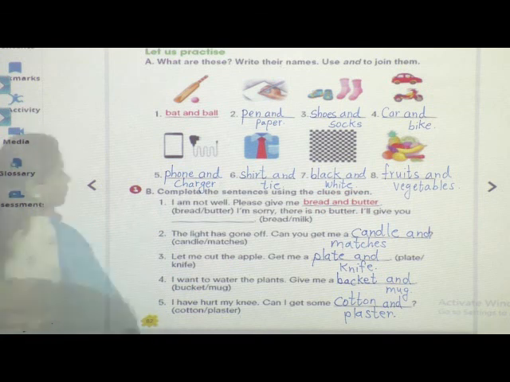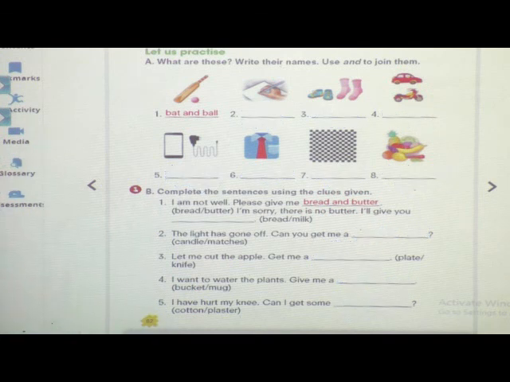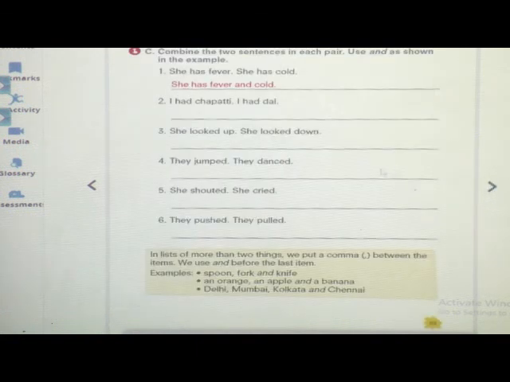Now let us see page number 83. Combine the two sentences in each pair. Use and, as shown in the example.